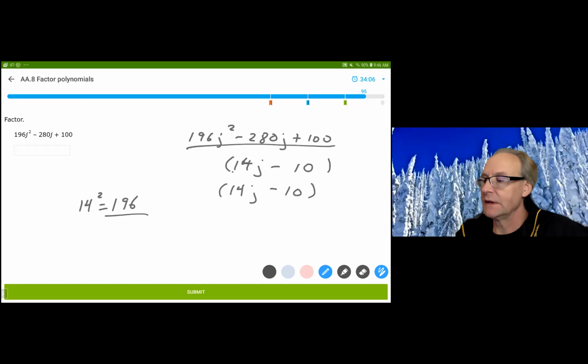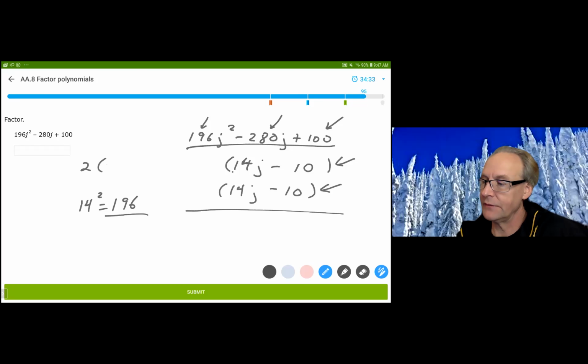Now, the problem is that there is a common factor, isn't there, in all of these? And taking out that 4 was really hard, but it's really easy to take the 2 out of these, isn't it? Did you see what I did there? I waited until the end. Now, the other time I went ahead and took the 4 out. I think that in this case, it was easier to do it this way. So I have to take out the 2. So I have 2 times 7j minus 5 and 2 times 7j minus 5.